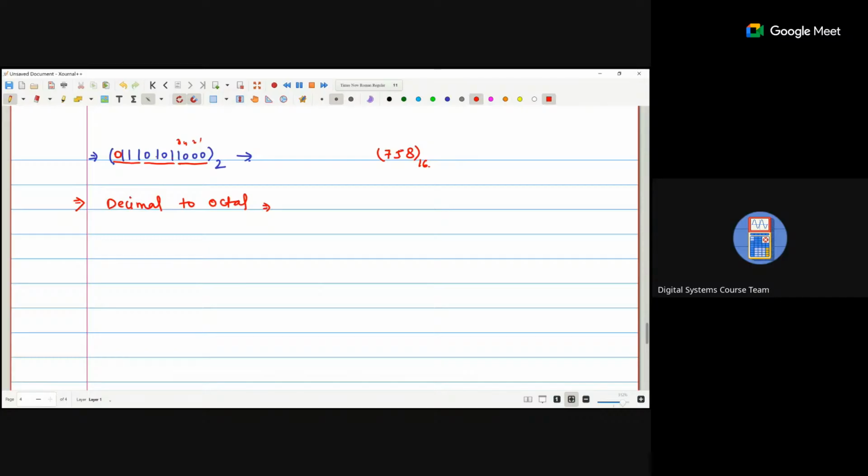What we have to do is divide by 8. So take 389 decimal into octal. 389 divided by 8, and that is equal to 605.